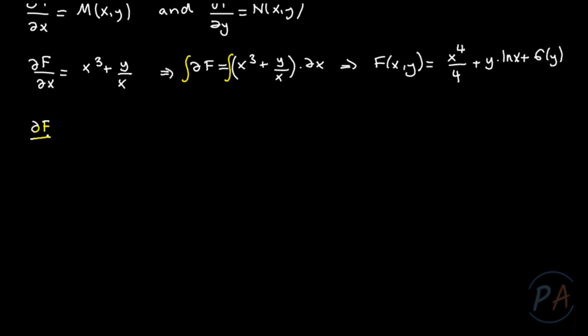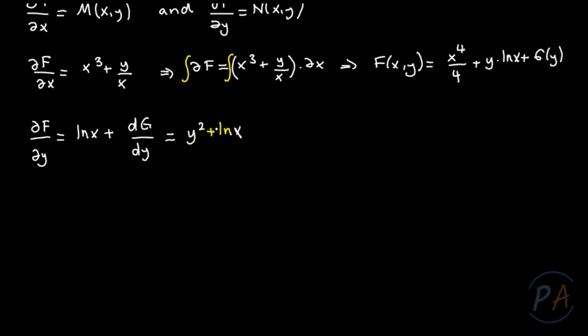The partial derivative of f with respect to y equals: the derivative of x to the power 4 over 4 is 0, and the derivative of y times ln of x with respect to y is ln of x, plus the derivative of g of y, dg over dy, which is equal to N of x y, and of course I know that N of x y equals y squared plus ln of x.